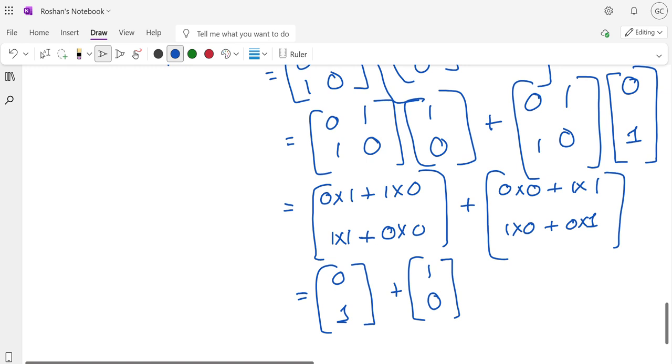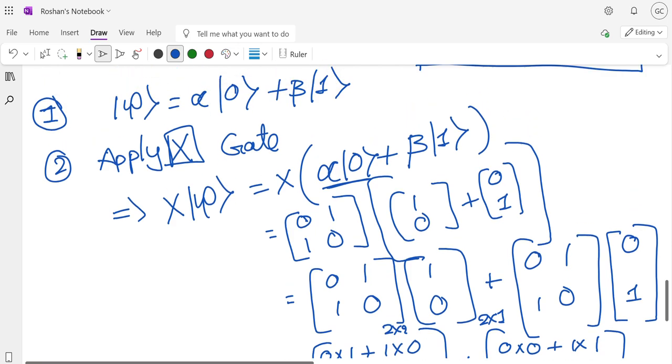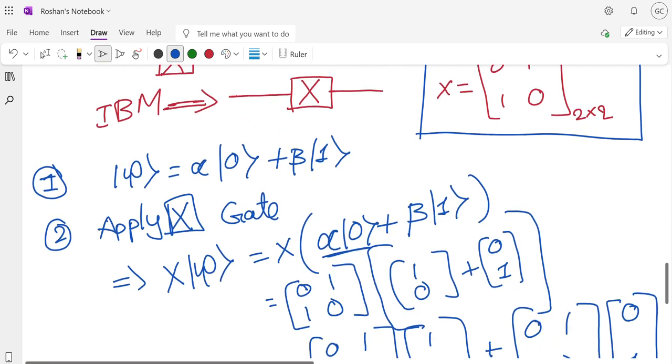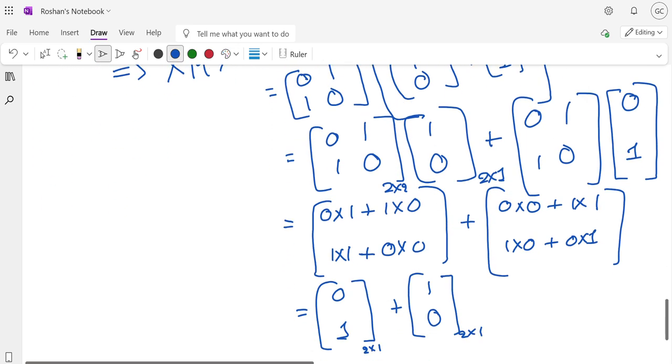But it is very important to represent the rows and columns. Here it is a 2 cross 2 matrix. Here it is a 2 cross 1 matrix. So the result will be a 2 cross 1 matrix. This is how you will represent your quantum state after applying the X gate, or Pauli-X gate, or bit flip gate.